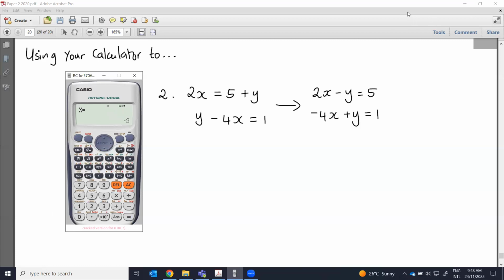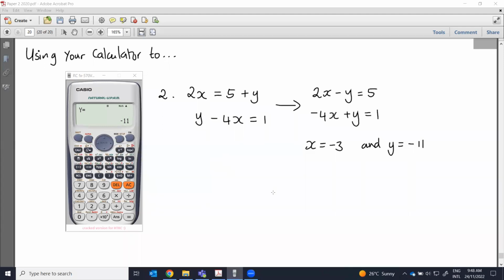Okay, and then you press equal to and it will solve. We get x is equal to -3 and y is equal to -11. Of course, you can always check by substituting your values into the equations and see that they do in fact satisfy.